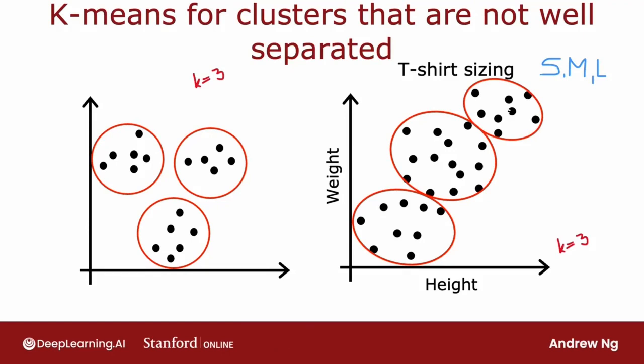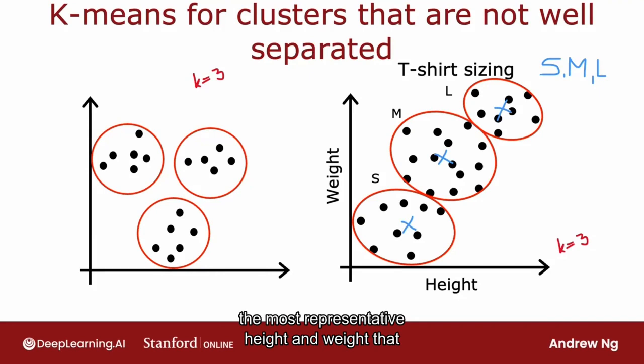And so if you're trying to decide exactly how to size your small, medium, and large t-shirts, you might then choose the dimensions of your small t-shirt to try to make it fit these individuals well, the medium-sized t-shirt to try to fit these individuals well, and the large t-shirt to try to fit these individuals well, with potentially the cluster centroids giving you a sense of what is the most representative height and weight that you would want your 3 t-shirt sizes to fit.